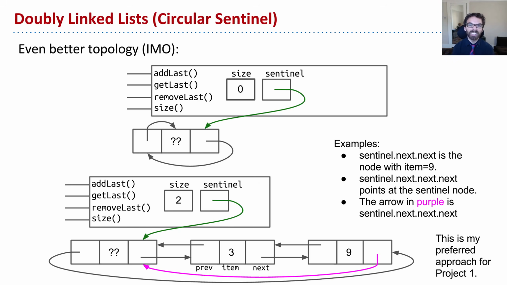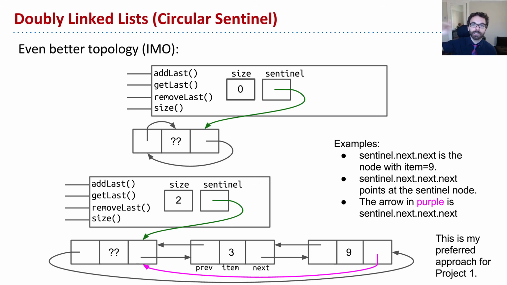They take a lot of deep thought to really get. But in this case, as you add items to the list, you'll find that there's a very natural place to add them. So after we add the numbers 3 and 9, for example, the sentinel's next is 3, because that's the first thing we added, and then its next is 9, and then its next is the sentinel again.